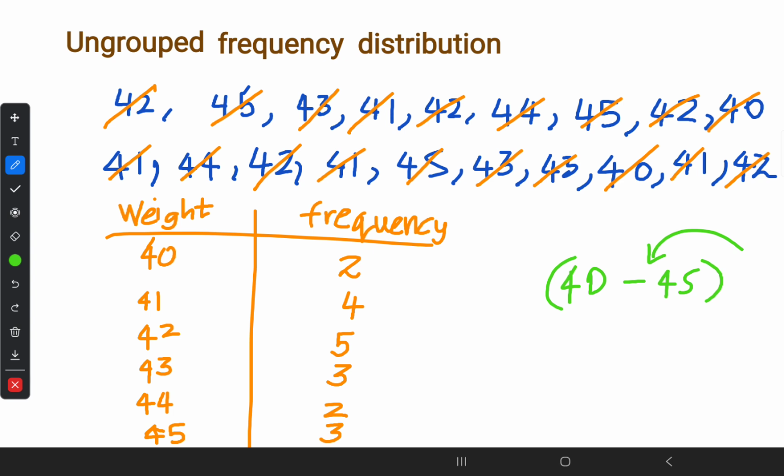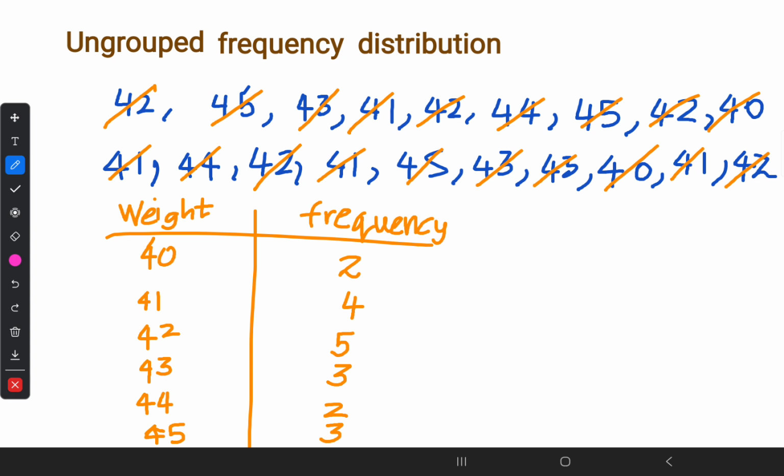If my weight is 41, I belong to this one. If another person is 44, he also belongs to that. 45 also belongs to that. A person with weight 40 also belongs to this region. This is a grouped data distribution. But if we have definite particular values, this is called an ungrouped data distribution. That is the explanation about ungrouped data distribution.